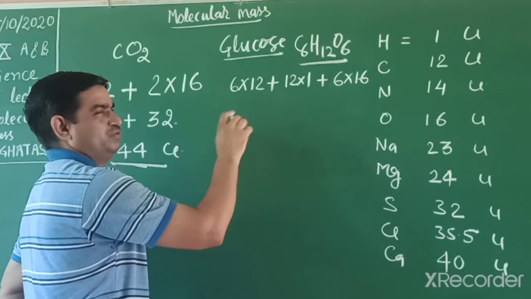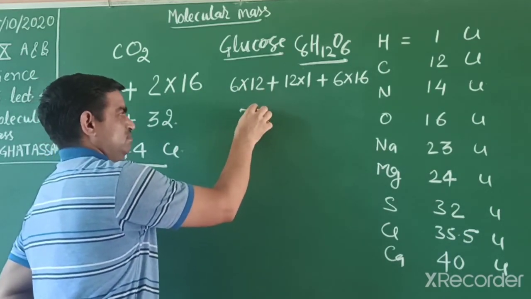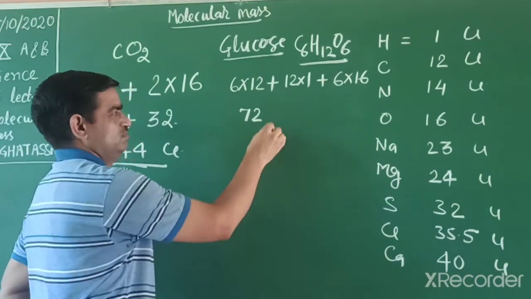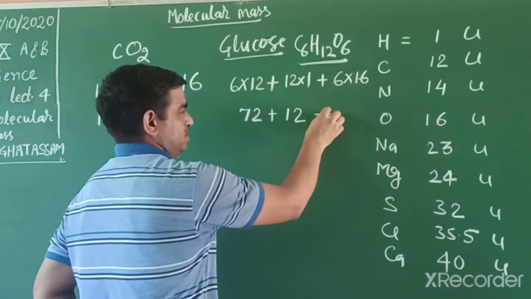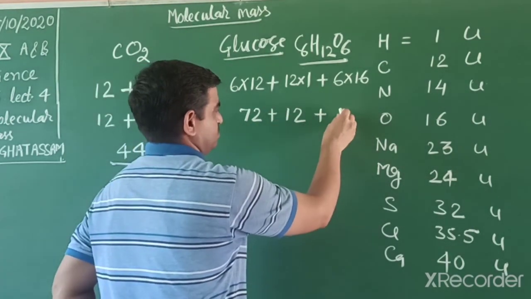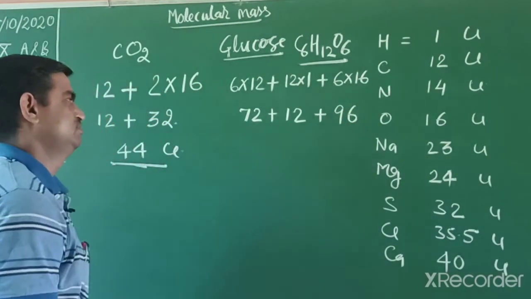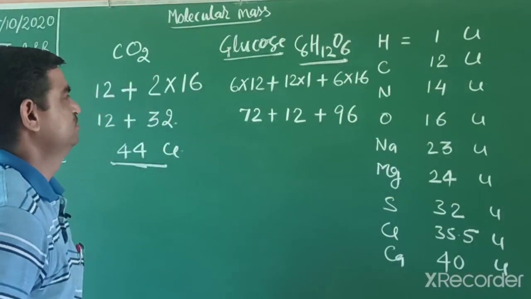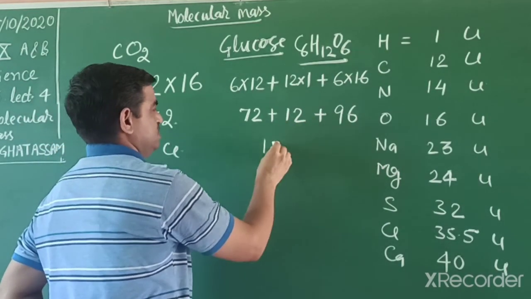So when we solve the total, 6 into 12 is 72, plus 12, plus 6 into 16 is 96. So when we total sum all the mass, then we get 180.